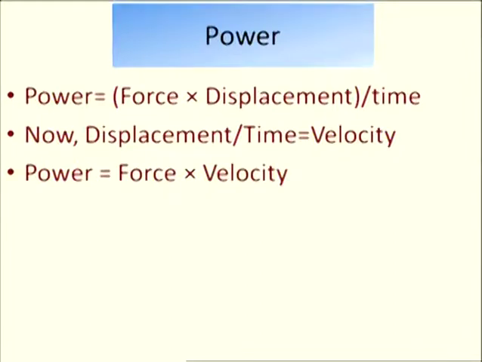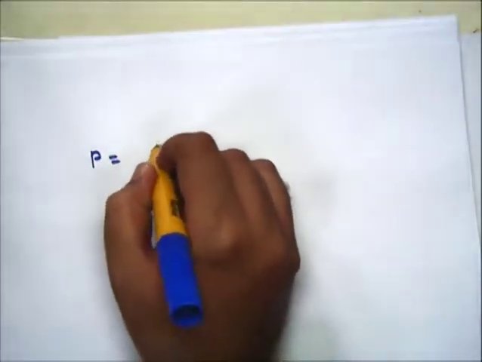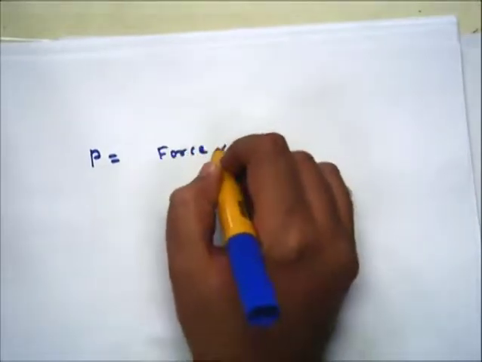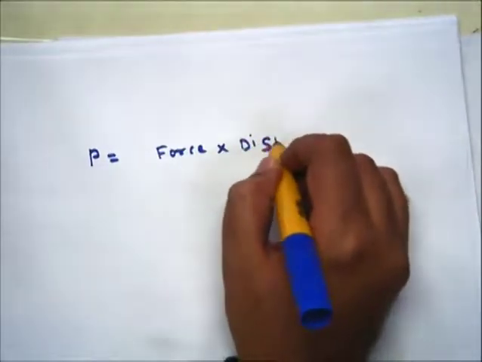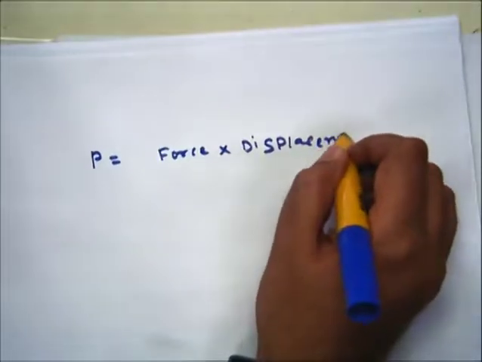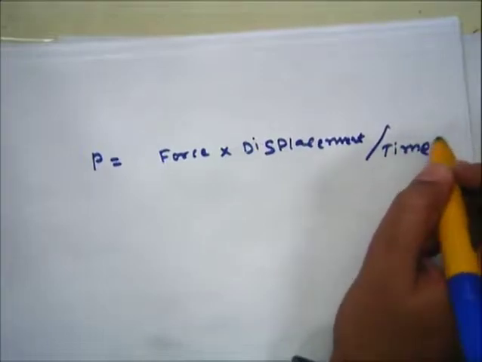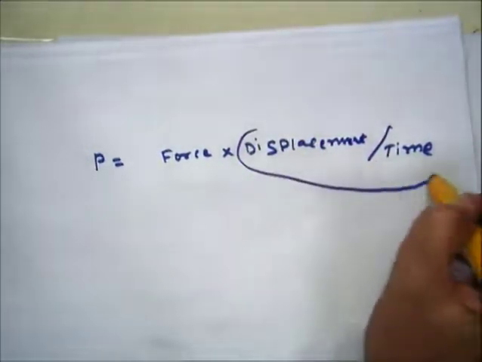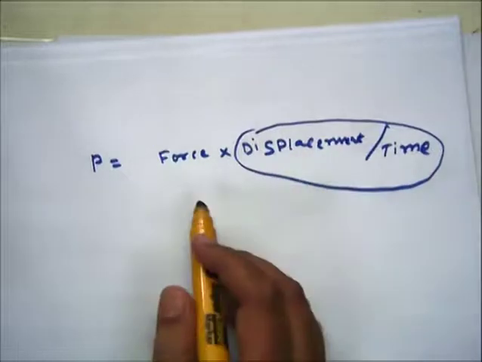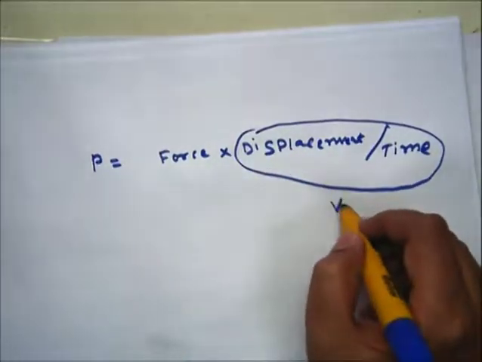The power can be written as force multiplied by velocity, because power is equal to force multiplied by displacement upon time, and displacement upon time is nothing but velocity.